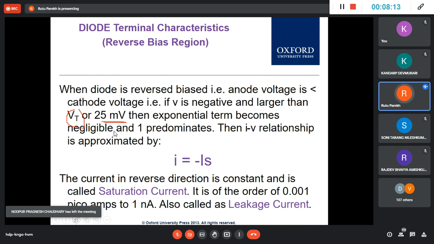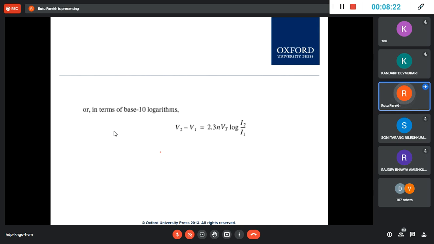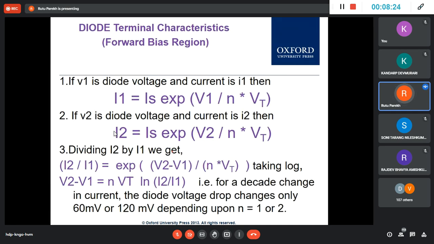So the exponential term in that equation, if you put this negative voltage, then the exponential term becomes negligible and 1 will dominate. So here this is e raised to V upon N into Vt. So that exponential, because this is negative, it will become really small.